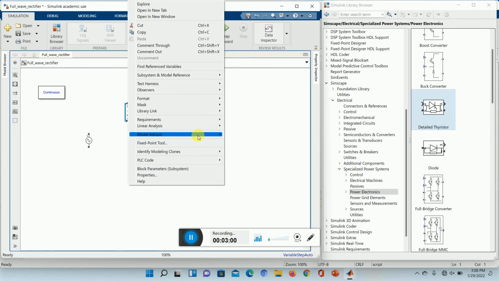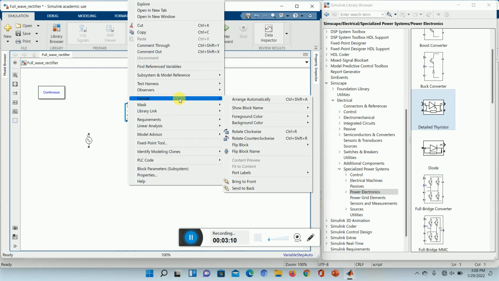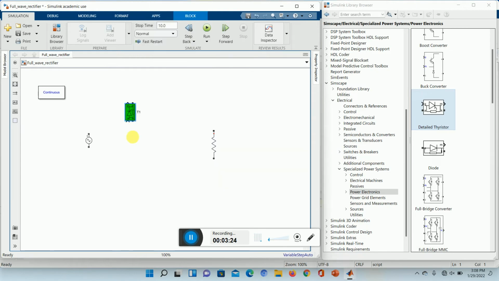I want to change the color of it. Foreground color is black, background color is white. If I make the background color green, it looks good.